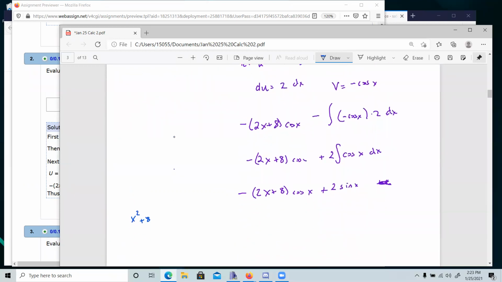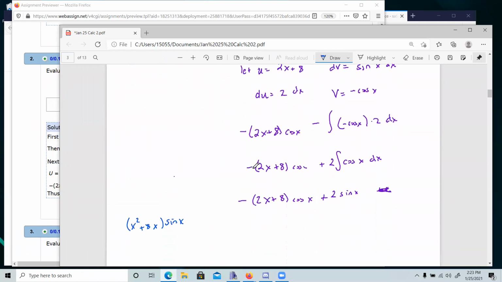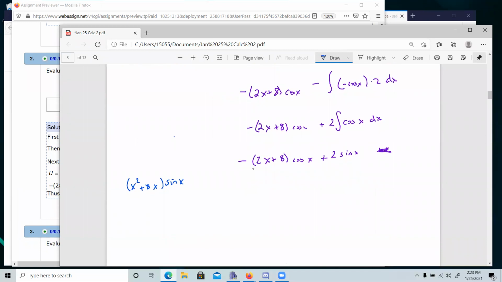X squared plus 8x sine x, all right? And then we have a minus here, right? There's a minus in front of this. So we have plus 2x plus 8 cosine x minus 2 sine x plus c, right?